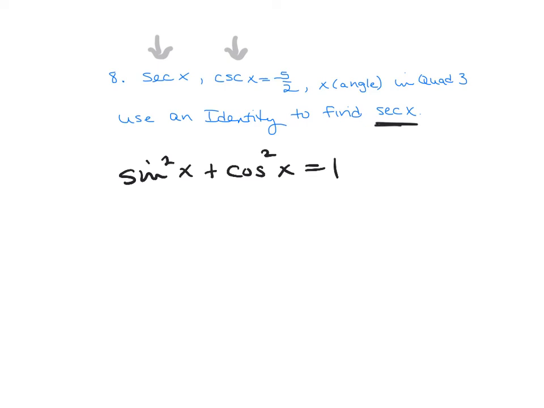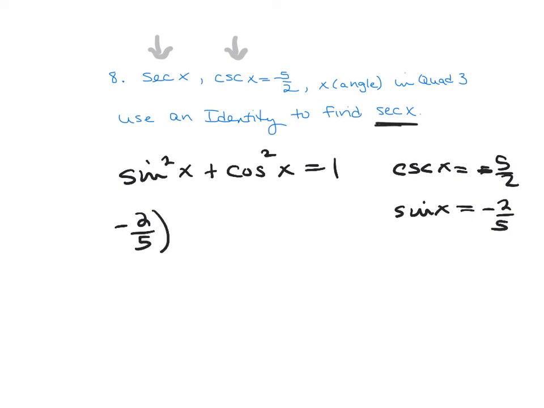We were given cosecant x is equal to negative 5 over 2. So I know the reciprocal, which is sine, is going to be the reciprocal of that. So I just flip it upside down. So what we're going to do is plug in negative 2/5 for sine.